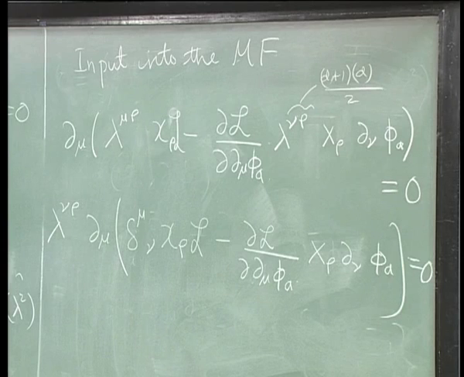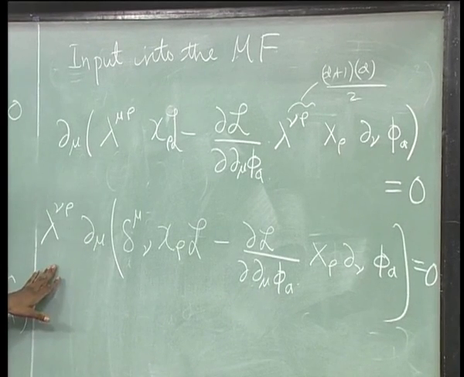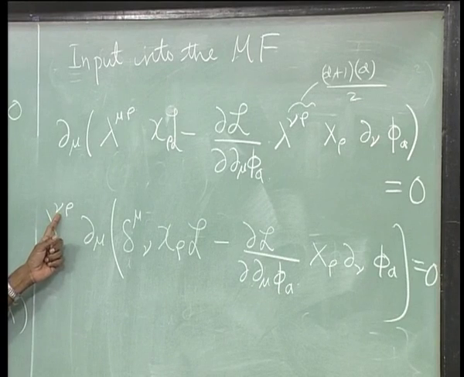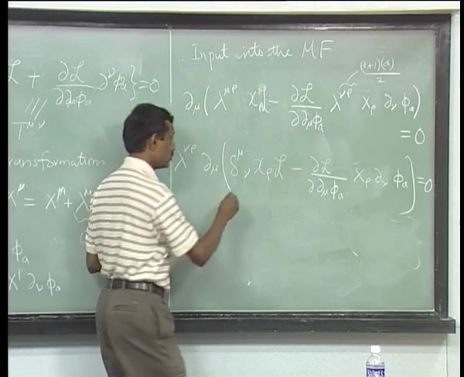Okay. So this is what I get, but it should be a little bit more. I cannot just erase this, because I have to impose the fact that things have to be antisymmetric under nu rho exchange. So I have to keep track of that.